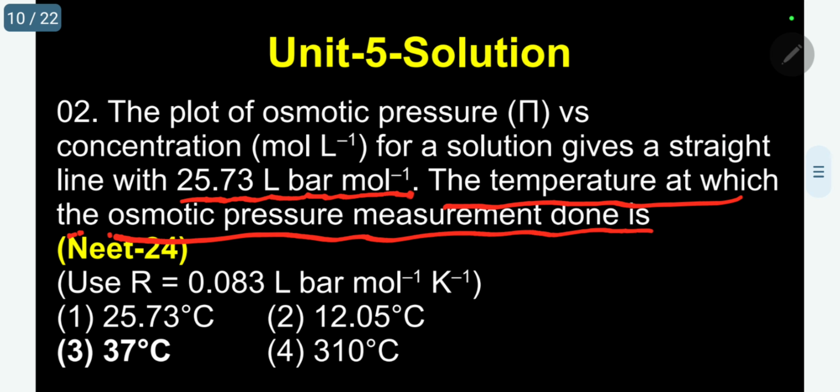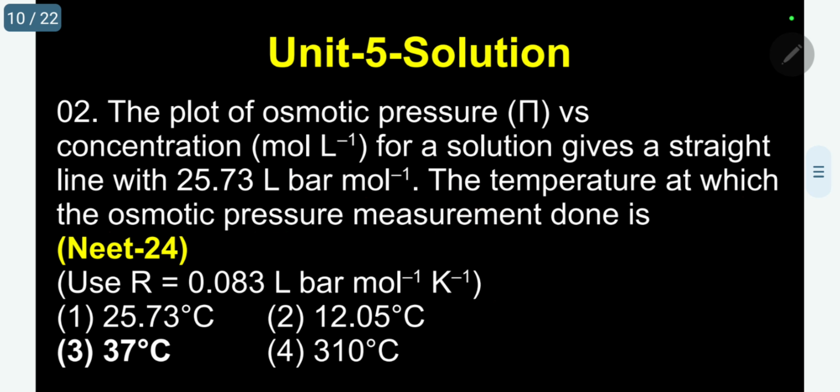So we have plotted osmotic pressure versus concentration, and a straight line is obtained. That straight line's value is 25.73 liter bar per mole. The question is, what is the temperature? They want to know the temperature.